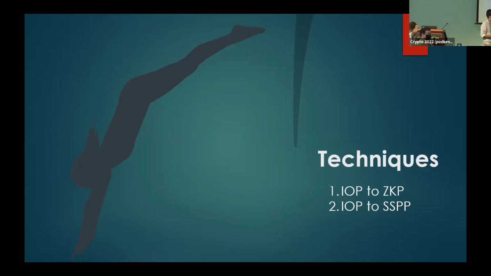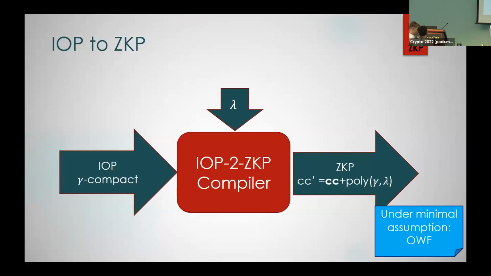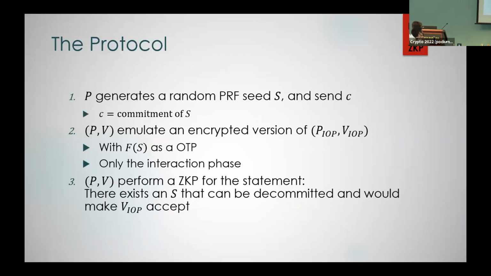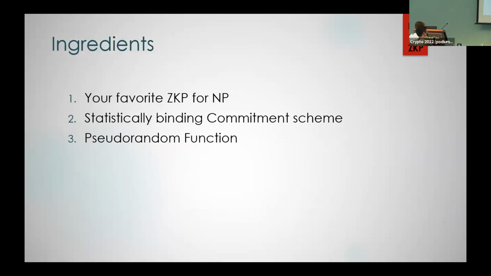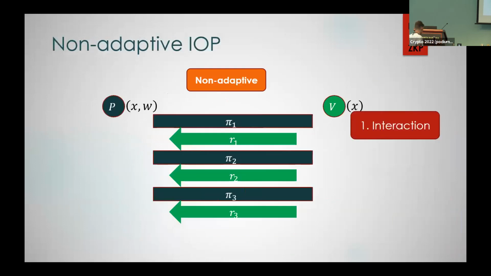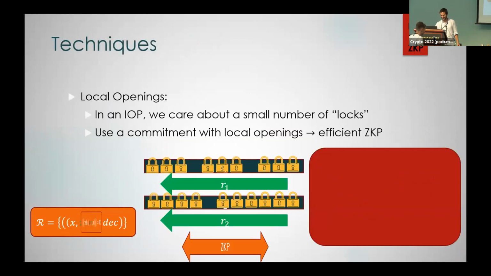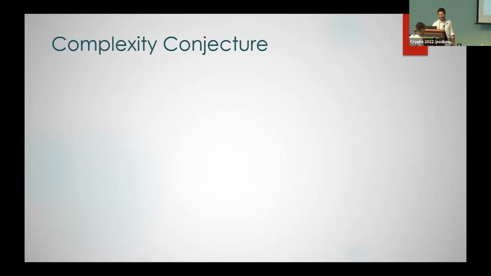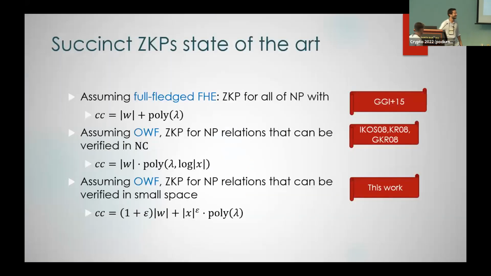I was wondering whether some weaker form of FHE, like somewhat homomorphic encryption, gives you something better?